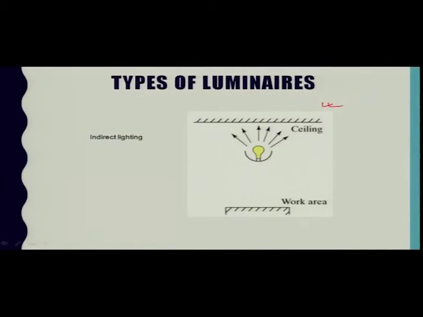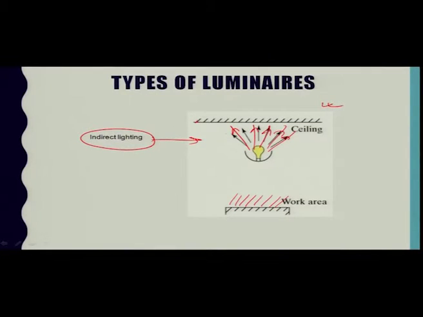As you see in this figure, this example shows the indirect lighting phenomenon. The bulb is in this direction and its lighting direction is towards the ceiling, but still it is giving some light to the work area.